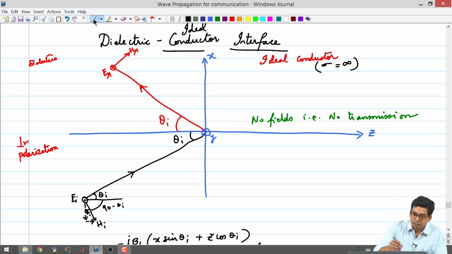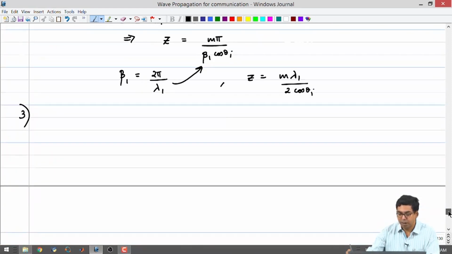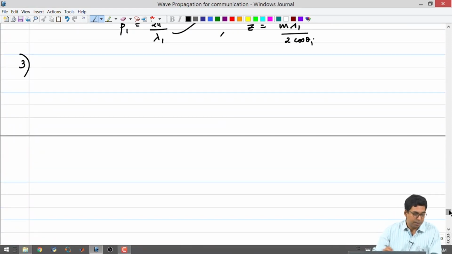So, you could always take a semi-infinite conductor, an ideal conductor, and place it on the left side, and that would not change the expressions for the electric or the magnetic fields inside this region. One thing that we can start now looking at is what happens when you have multiple conductors coming into the picture.